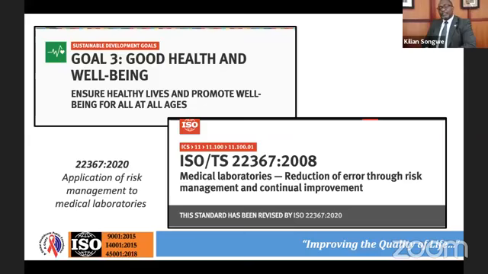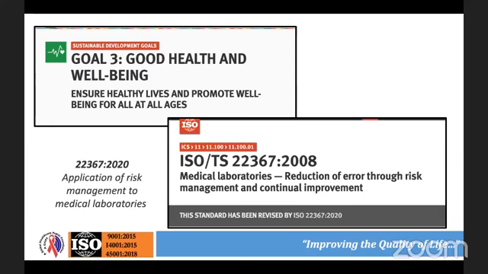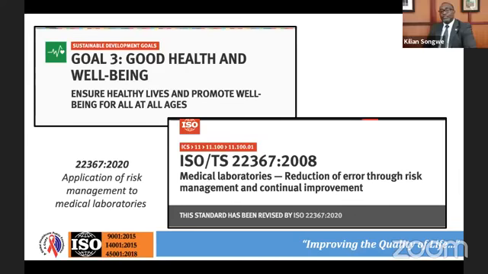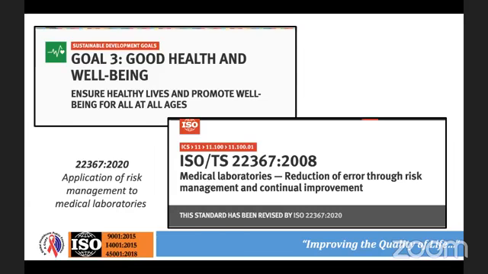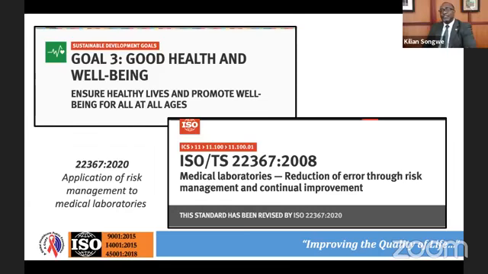I always like to start off, because we're talking about standards and the International Organization for Standardization and what they have done, looking back into the Sustainable Development Goals. Goal number 3 goes into looking at good health and well-being.